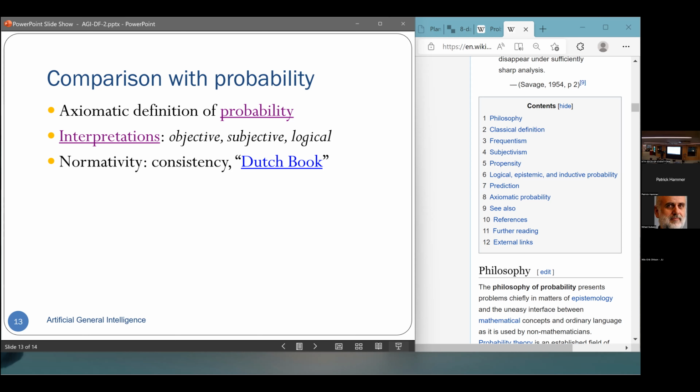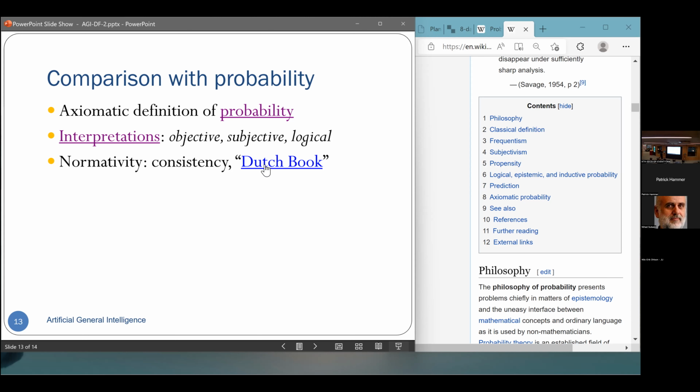Why do you want to follow probability theory in the first place? Just because there is a book already available? Of course, it's not that simple. There is a whole bunch of arguments which argue for the normativity of probability theory, meaning that you have to follow it. Otherwise, you're in trouble.